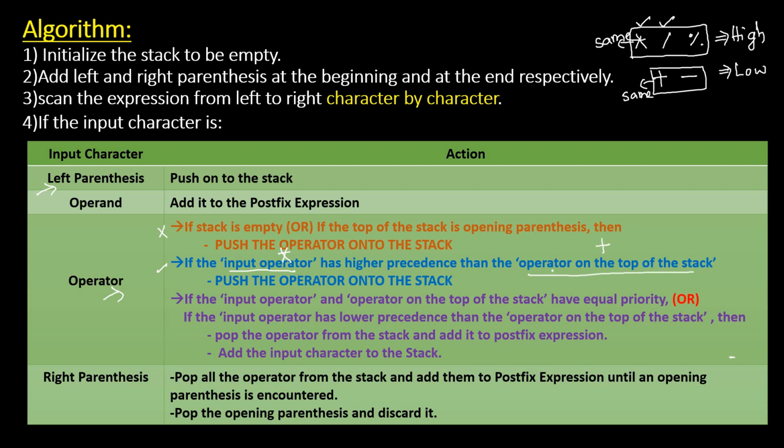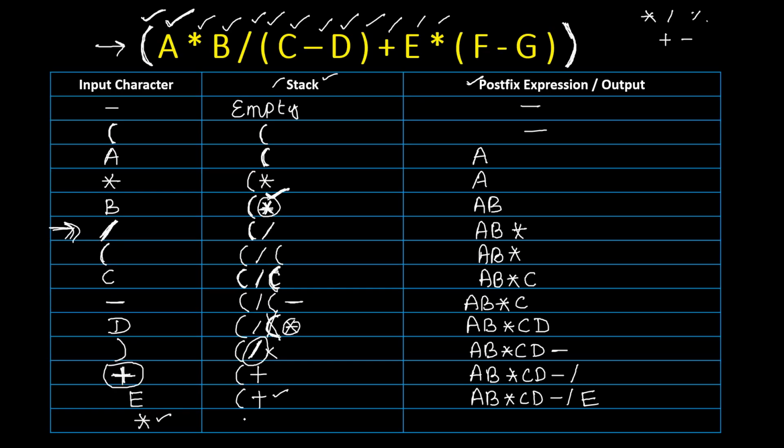Here we have a plus in the stack. As I told you, star, or multiplication, has higher precedence than plus. So only one step is there: push the operator onto the stack. So left parenthesis and plus will be there, and this star also will be added to the stack, and there is no change in the postfix expression. That will be as it is.